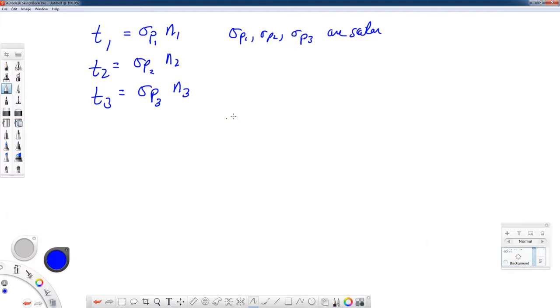Another way to say this then is that our sigma ij n j, traction vector component, is equal to some scalar times n i for some special choice of n. If we pick the right direction, then this will happen.